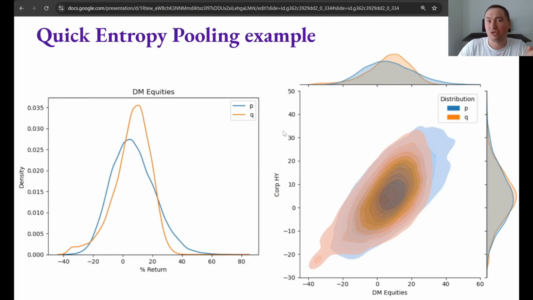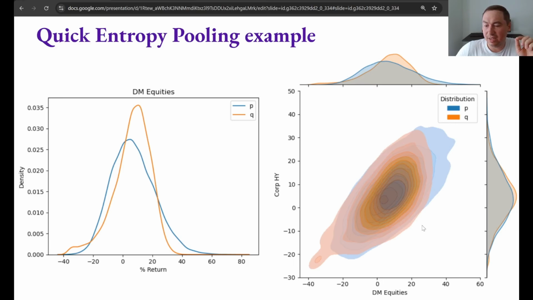So just to give you a sense of how entropy pooling is used in the base case, it's basically if we have some simulation. This is for developed market equities. This is just log normal, so it's still very, very basic. We can adjust that distribution by giving it, let's say, some more left tails, or adjusting the variance, the mean, all these things. And then the power comes from us adjusting the joint probabilities.